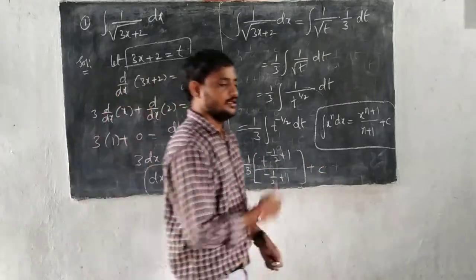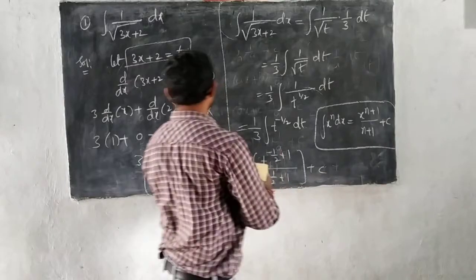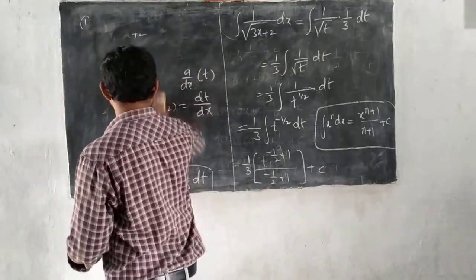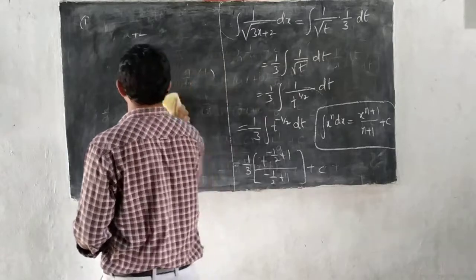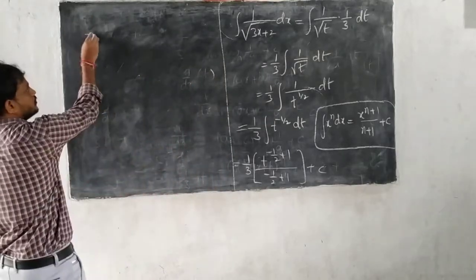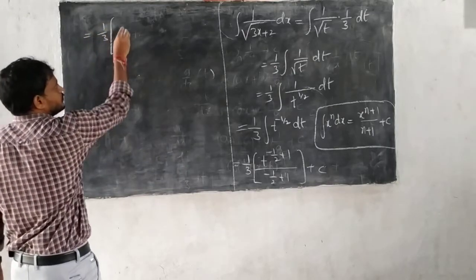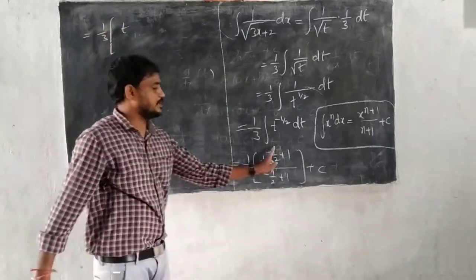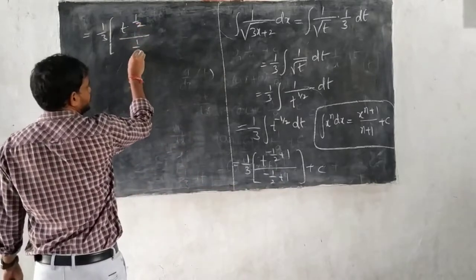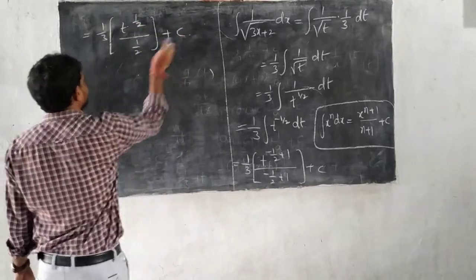Then substitute and simplify it. So 1 by 3 into t to the power of minus 1 by 2 plus 1. The LCM gives 1 by 2 over 1 by 2, plus c.